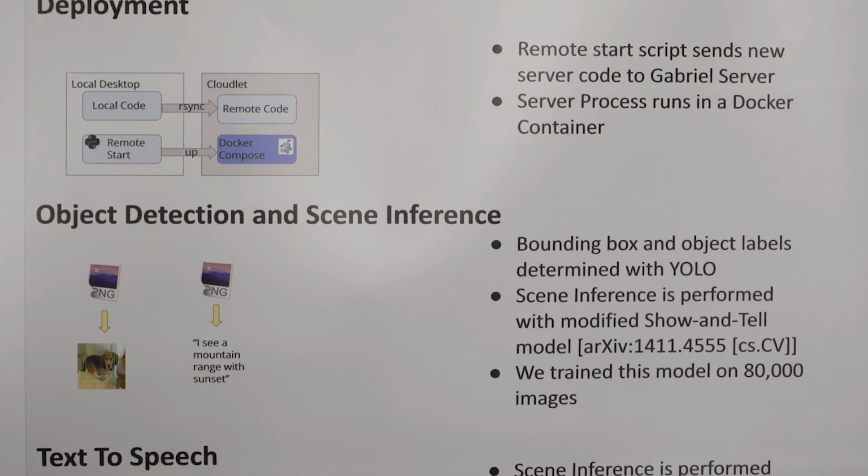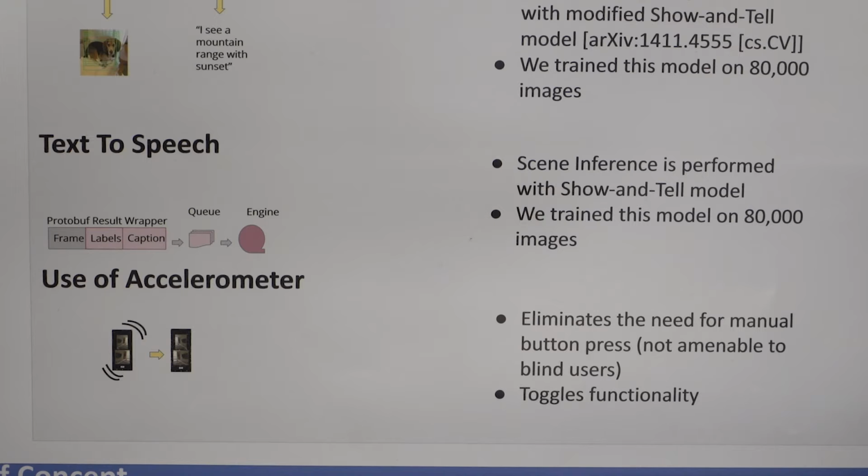The YOLO model is a pre-trained model that has about 80 distinct object classifications, and the Show and Tell model was one that we trained on about 80,000 images, each with about 5 captions, so about 400,000 captions. So the scene inference is provided there, and that total result is returned to the user's application, where it is passed to the Android text-to-speech engine.